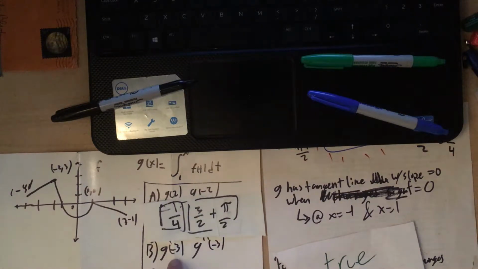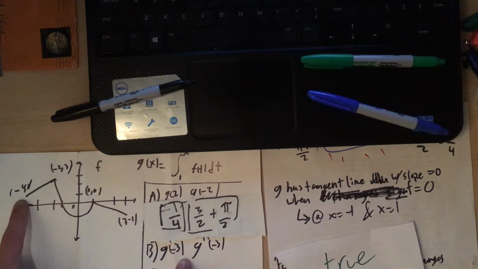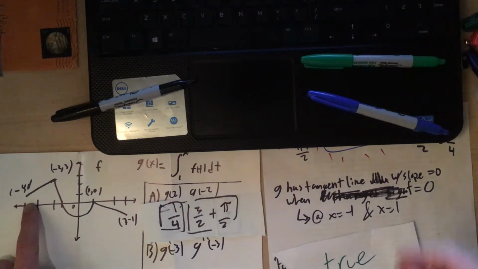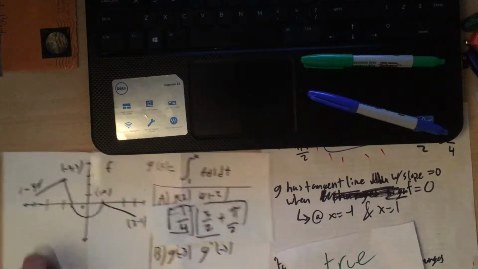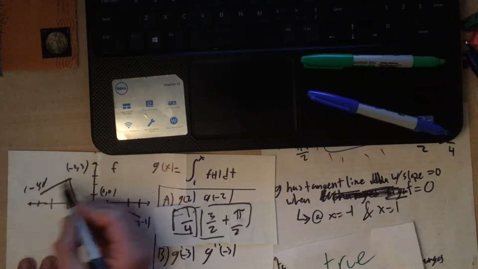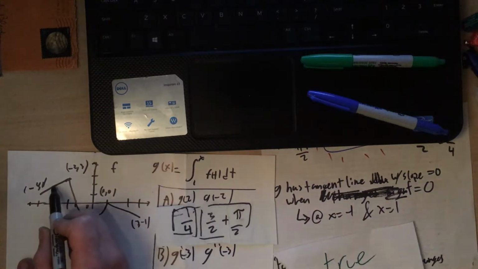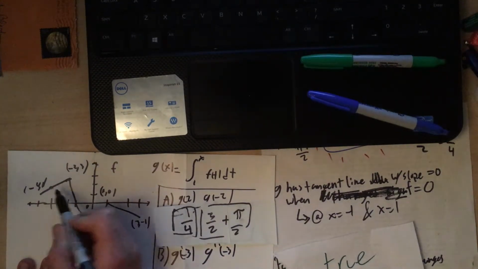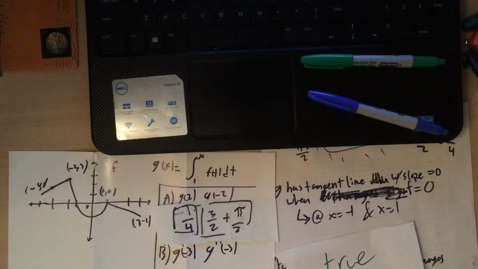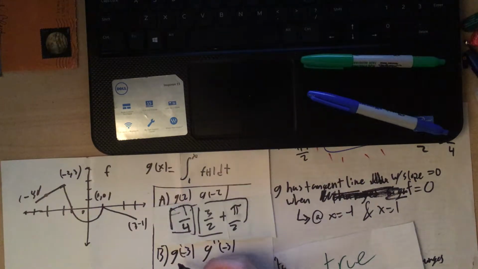So we're just going to look for the value of f at x equals negative 3. And to do that, we look back at the function, and we know that this line has a slope of 1, so at negative 3, f will equal 2. And so we know that value will just be 2. We can put that in here and box it.